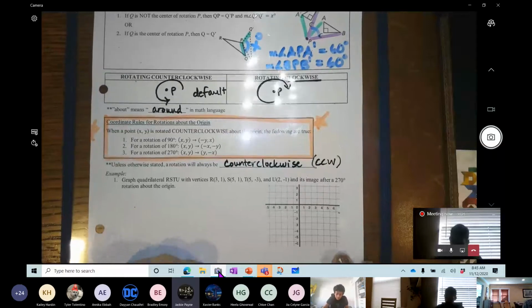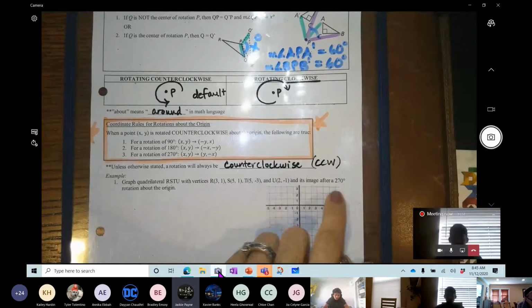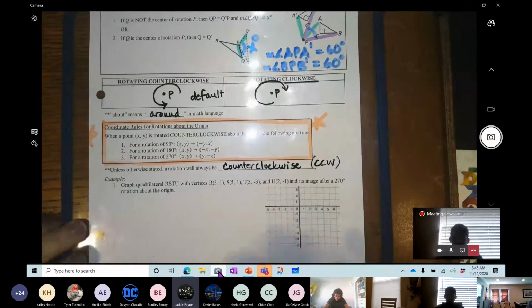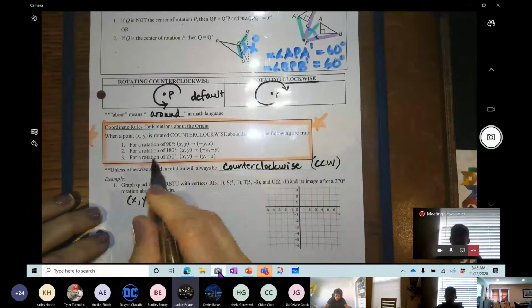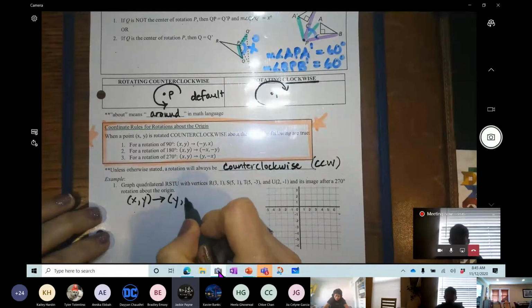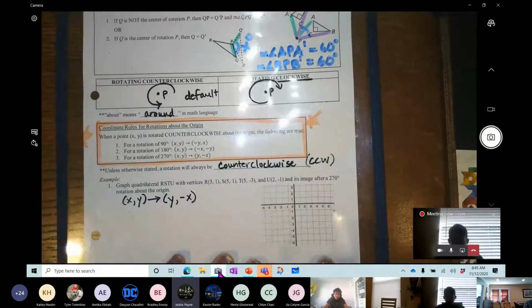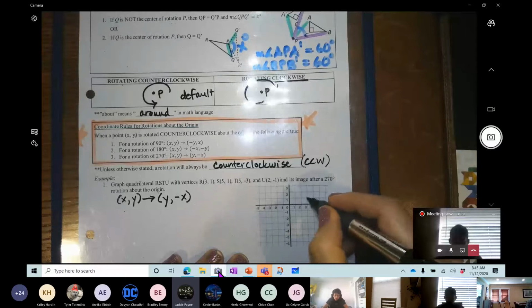Okay. So what we're going to do is we're going to graph a quadrilateral. And we start with RSTU, and then we're going to move it 270. Okay. So our rule for 270 is right here. So I guess let's start with RSTU. So R is (3, 1).